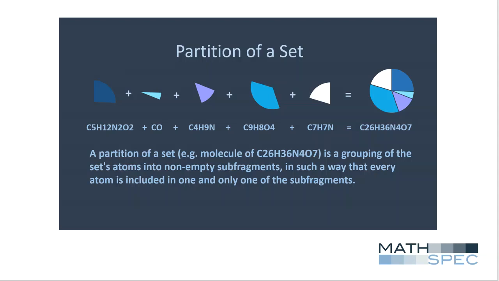This is a partition of the set of all atoms of a given formula into multiple subsets. Subsets are mutually exclusive. Each atom of a proposed molecular formula can be found in one and only one subset. This subset is what we call a subformula.